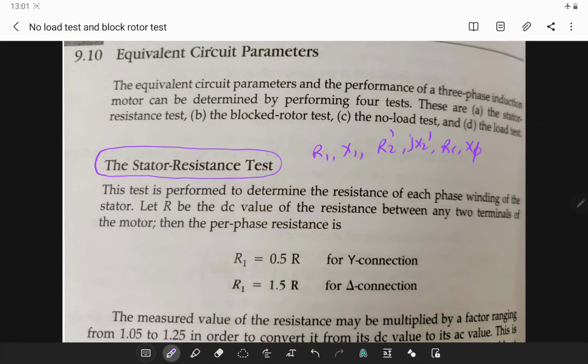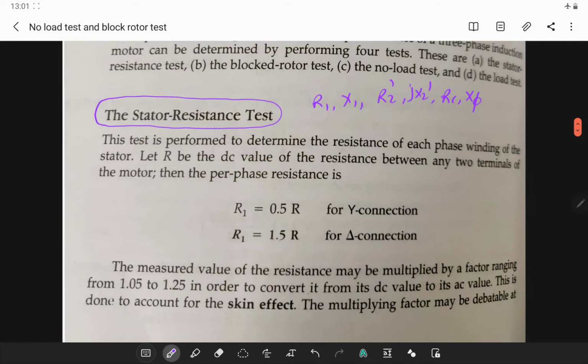Suppose my machine is star connected. So star connection of stator will be like this.